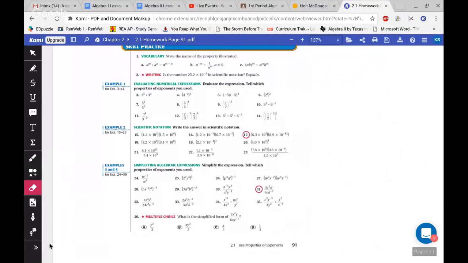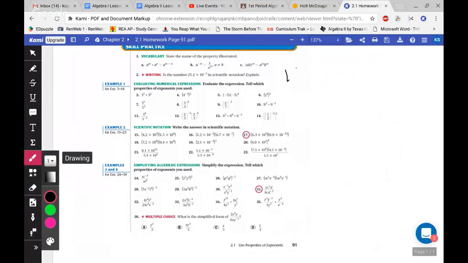All right, 19. So what we have here is 2.1, and it's cubing everything inside the parentheses.